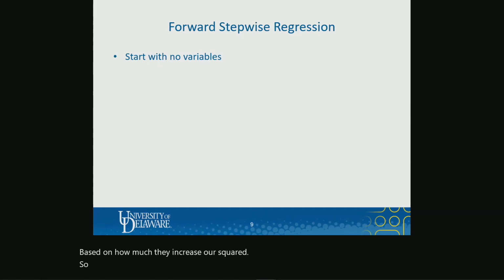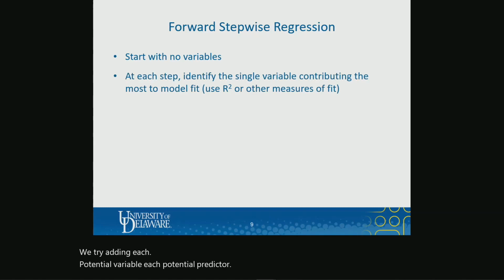So what we do is that essentially we try out adding each of the potential variables. In forward stepwise regression, we start with no variable. We try adding each potential predictor to the model, and we see which one results in the highest increase in R squared.